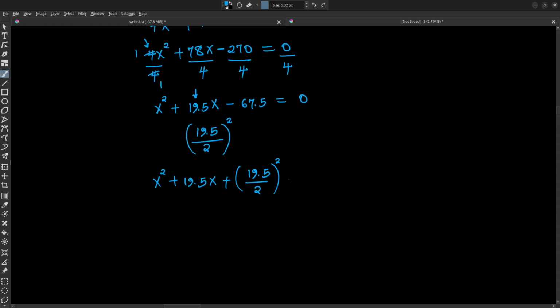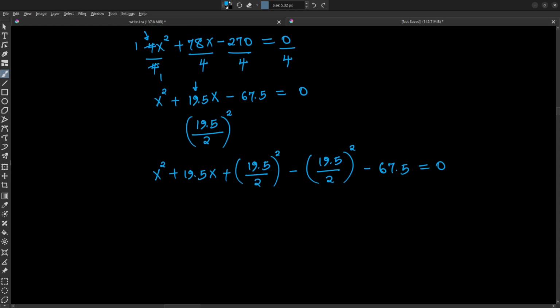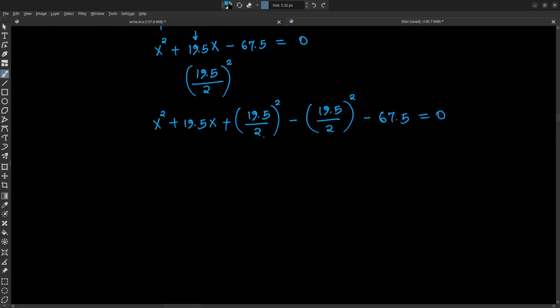Now let's subtract that same term, so minus 19.5 over 2 squared. And finally, now let's write our final term, which was minus 67.5. All this should give us 0. You see, I haven't really changed the equation because we have added and subtracted the same term. So the net gain to the equation is 0, right?